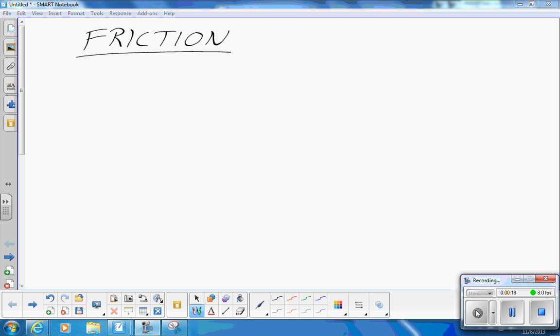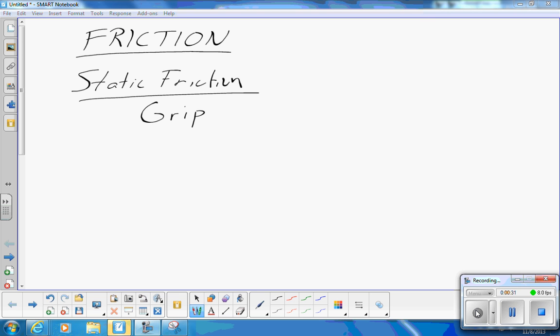So let's first of all remind ourselves that friction comes in two sorts: static friction, which we refer to as grip. And this occurs when you have two surfaces. So for instance, if you have an incline and a box is placed on an incline, and yet it doesn't slide down the hill, that's because there's a gripping effect between the surface of the box and the surface of the incline.